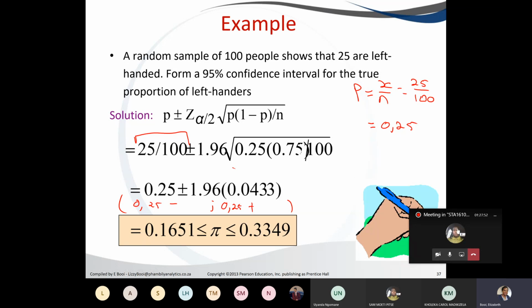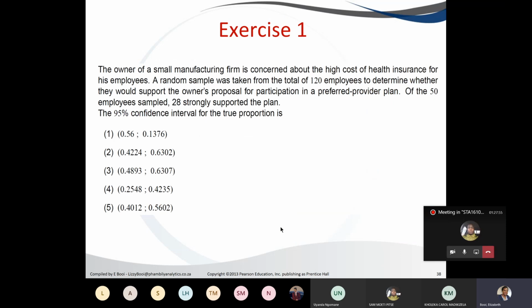With that, I just want to do one exercise, and then we can see if we can look at your assignment. A random sample was taken of 120 employees, to determine whether they will support the owner's proposal for participating in a preferred provider plan.